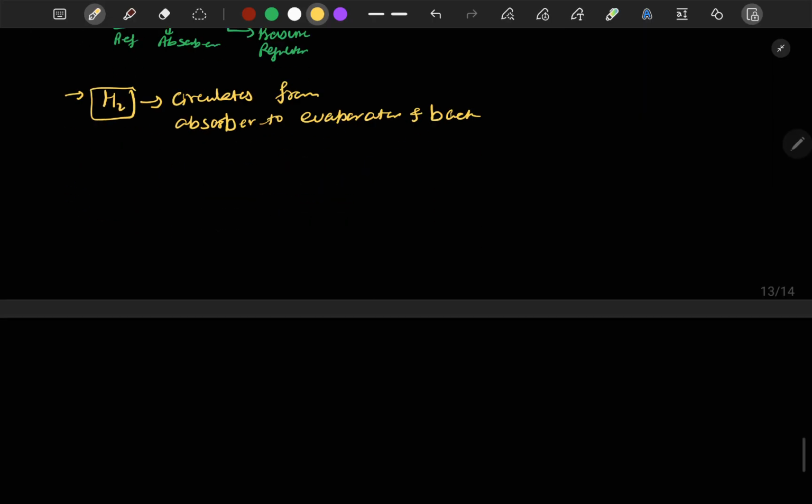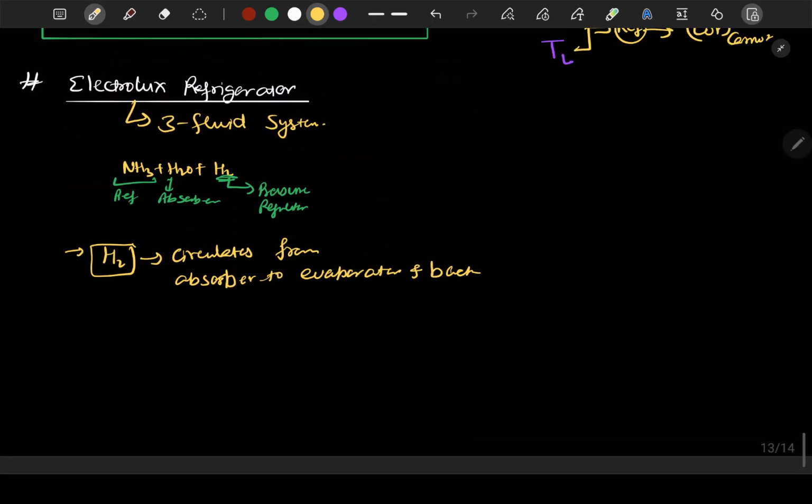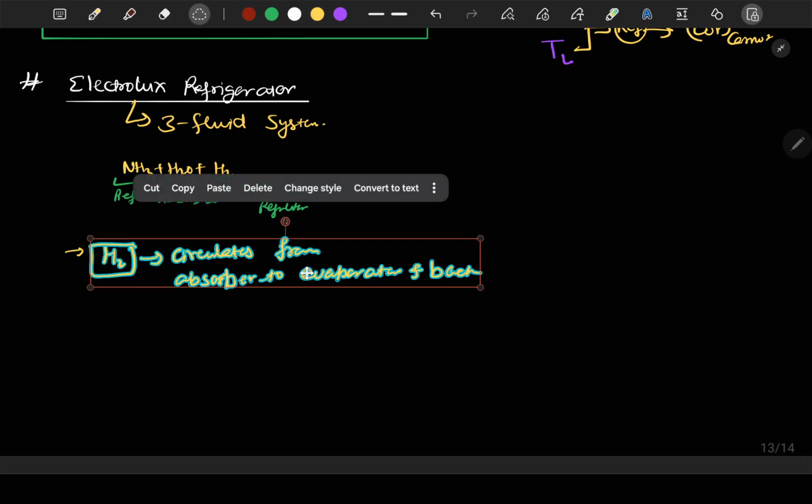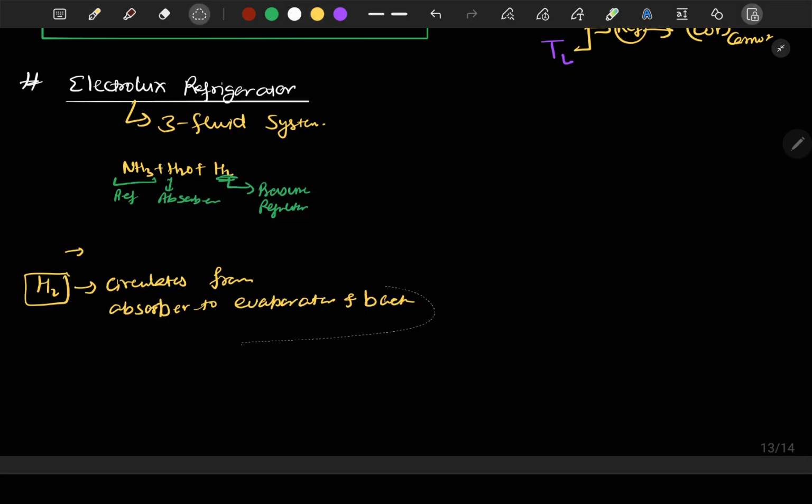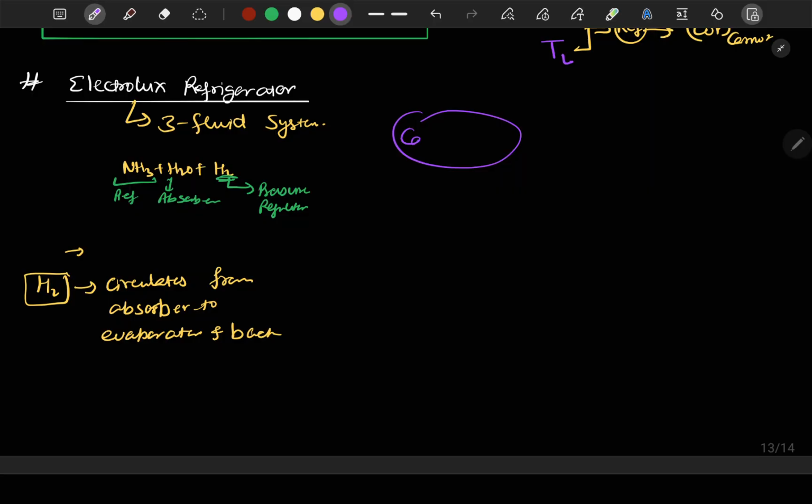Let's say this is our condenser, and of course there is a cooling water inlet and outlet. The refrigerant, that is NH3, will be moving under gravity into the evaporator.